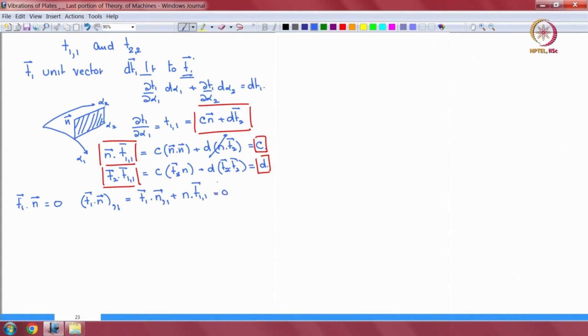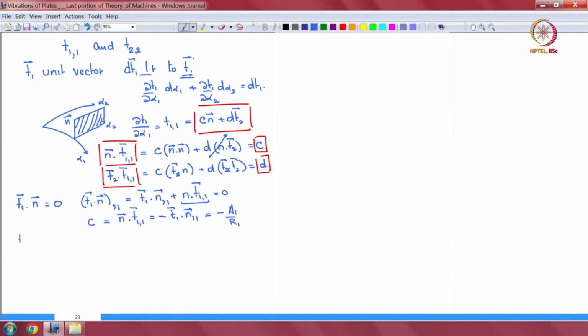And this is my C. Therefore C, which is equal to n dotted with T1 comma 1, is equal to minus T1 dotted with n comma 1, which we know. So this is equal to minus A1 by R1. We have derived this before.